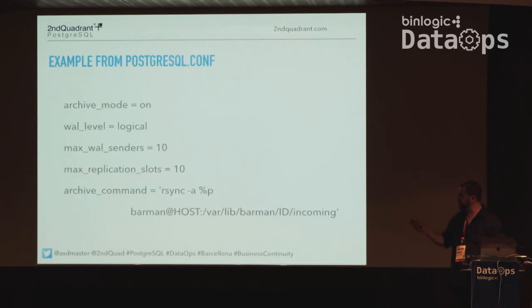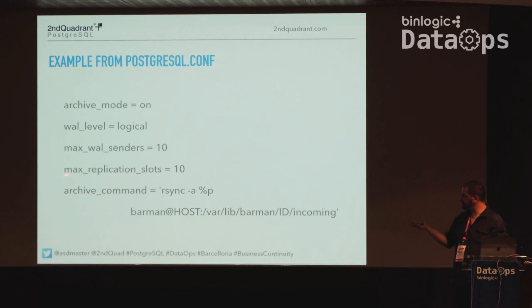As said, we have an example of the options that involve streaming and the archive command. In the postgresql.conf file, you have to enable archive_mode on, and wal_level logical if you want streaming, and enable Postgres to send: max_wal_senders, the processes that stream out the WAL files using the streaming technology, and the replication slot.